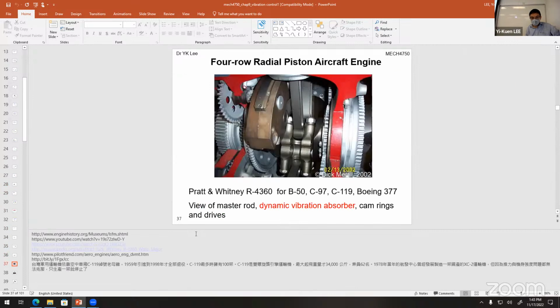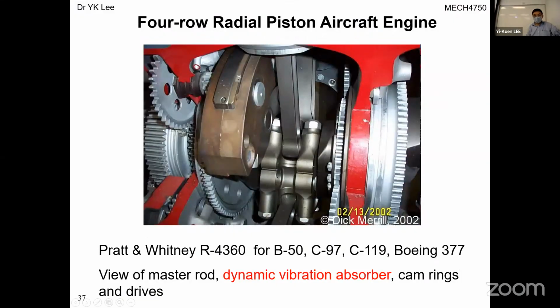I also mentioned a typical example in aerospace engineering: aircraft engines do have this kind of vibration absorber. So the key question is why we need a vibration absorber for the engine? Typically, an aircraft engine requires very high reliability.